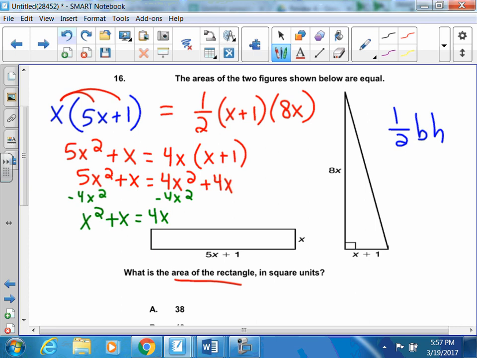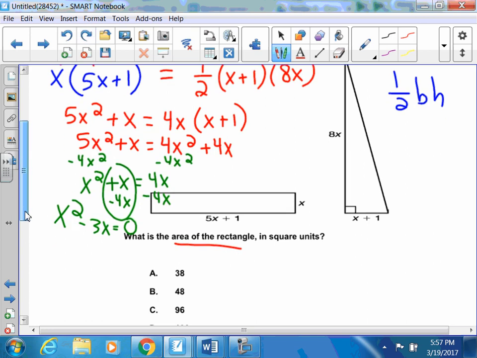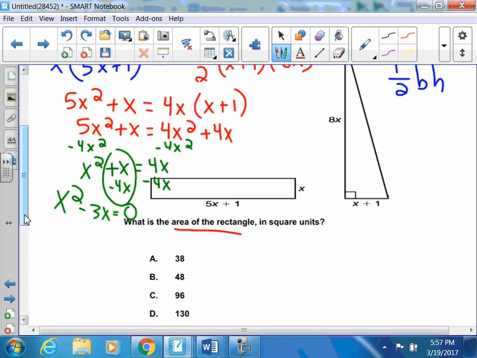Now we're going to subtract 4x. So minus the 4x, minus the 4x. We get x squared. What is 1x minus 4x right here? That'd be negative 3x, and that equals 0. So here we have x squared minus 3x equals 0.